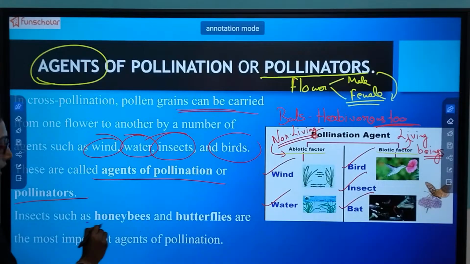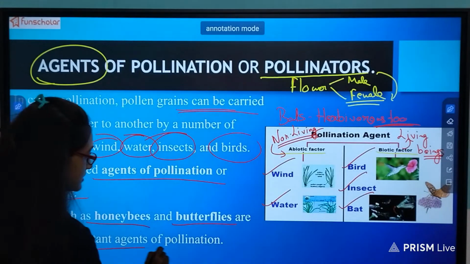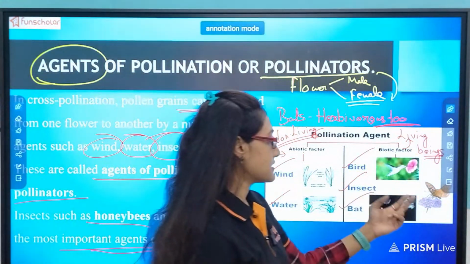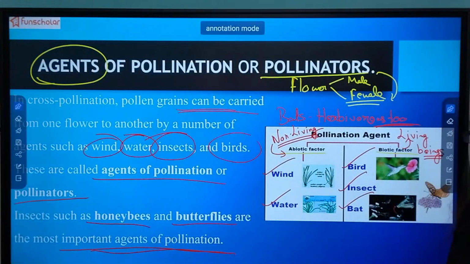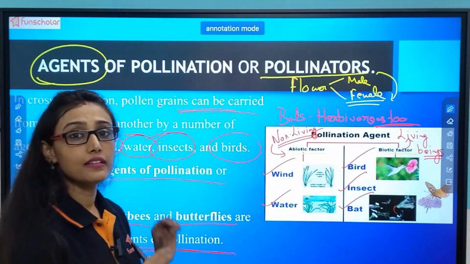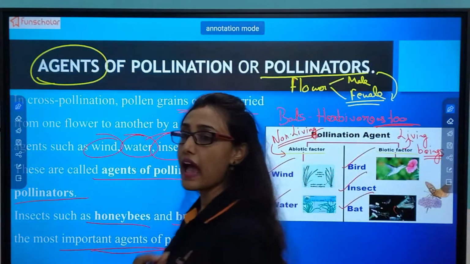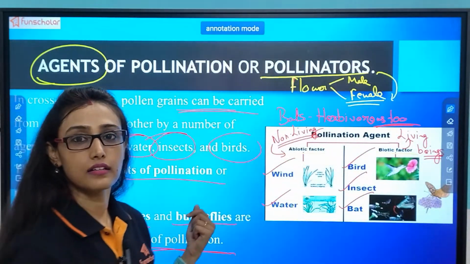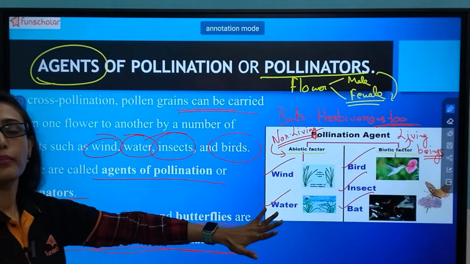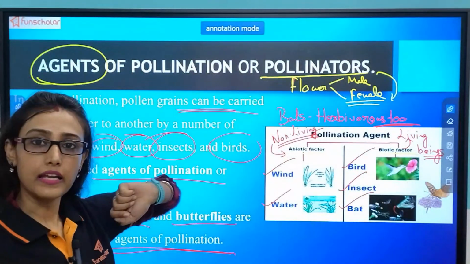Insects such as honeybees and butterflies are the most important agents of pollination. You will always find these insects in the area of flowers that are full of fragrance, very bright in color, and contain nectar. So these are the things that help in the process of pollination, and they are called agents or pollinators.